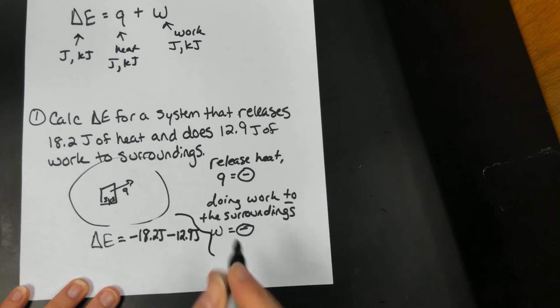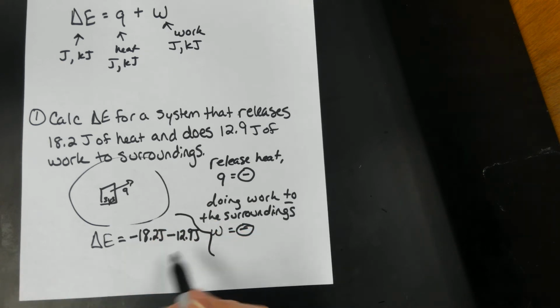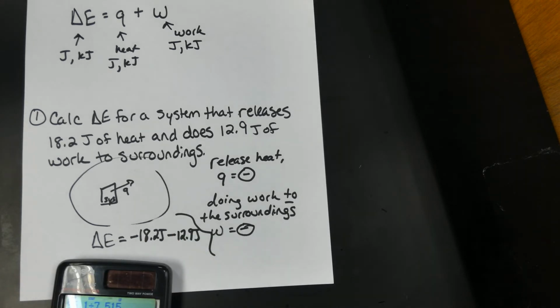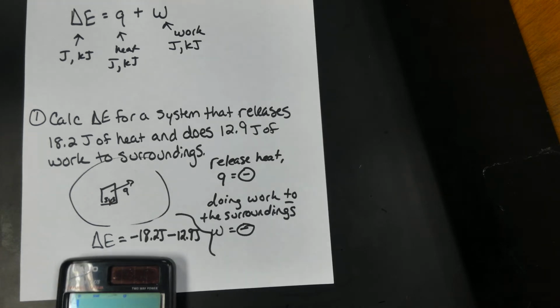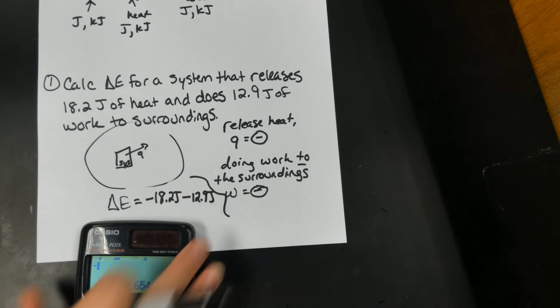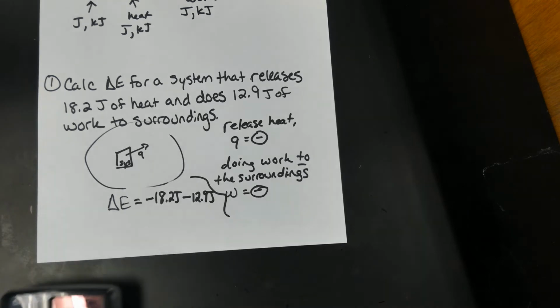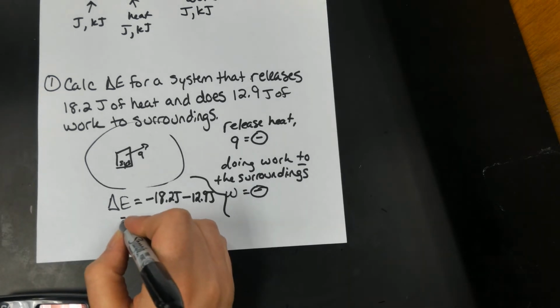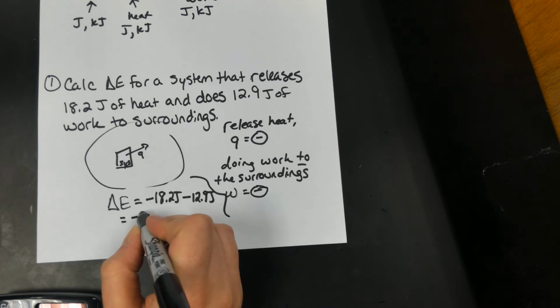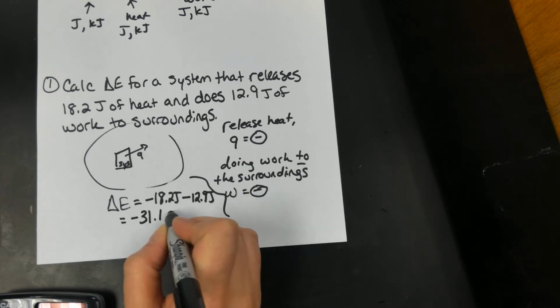But they're both negative. So you can calculate that out. Negative 18.2 minus 12.9. So overall, my system, the change in my internal energy, loses 31.1 joules.